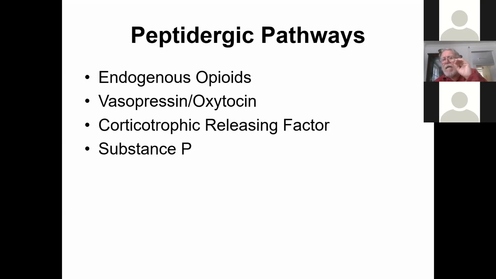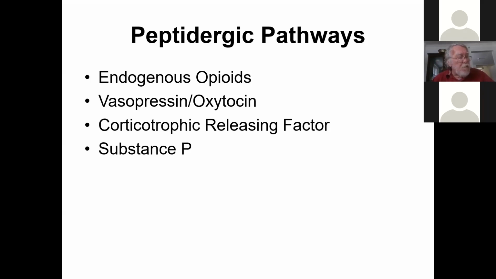Basically enzymatic changes in a single amino acid. So we have the single amino acid tyrosine giving rise to norepinephrine and dopamine. We have the single amino acid tryptophan giving rise to serotonin and melatonin. And then we have the single amino acid choline giving rise to acetylcholine.